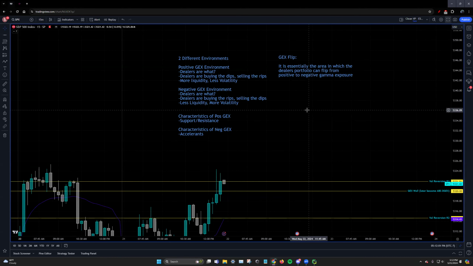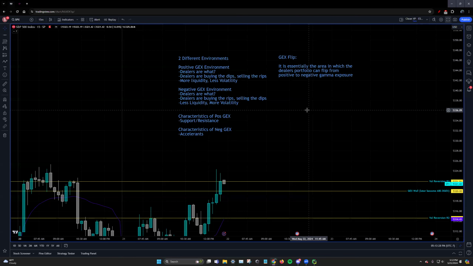And delta is obviously the value by which the option can go up or down. It ranges from 0.01 to 0.99. Multiply that by 100, and that'll be the expected change in value for every dollar the stock moves. So let's say you have an option delta of 0.5, the stock goes up $1, then you make $50 on that contract. That's a very simple breakdown.